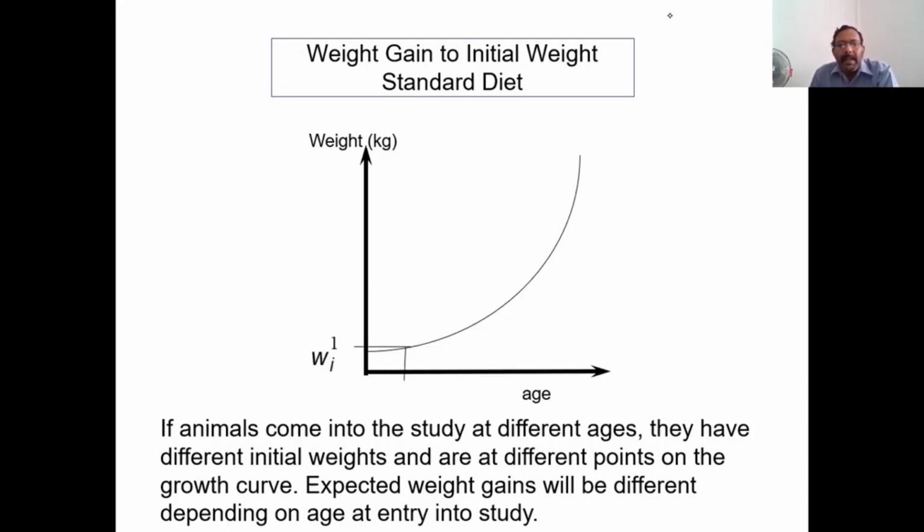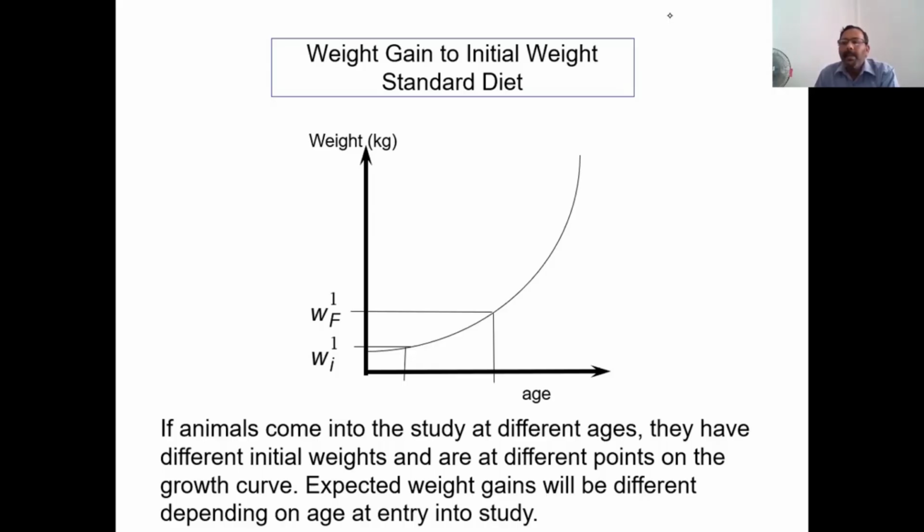For example, look at it, the animal coming with a particular age, and its initial weight is Wi. The second one, another animal coming, right, with a difference in months, but he's coming at a different age, a higher age than the previous, so that it is having WF.